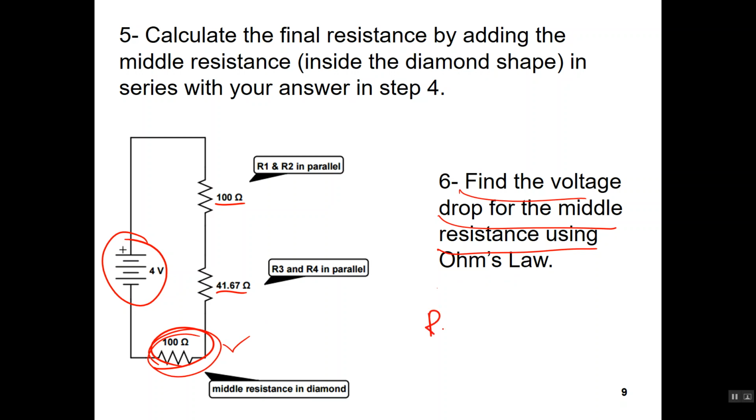So REQ is going to be equal to 241.7 ohms. The voltage is equal to 4 volts. I is going to be equal to 4 divided by 241.7.